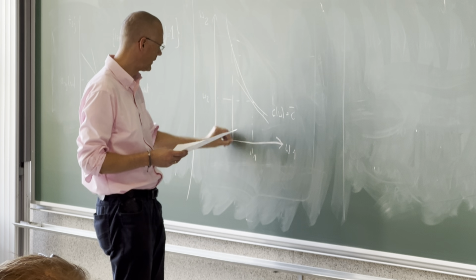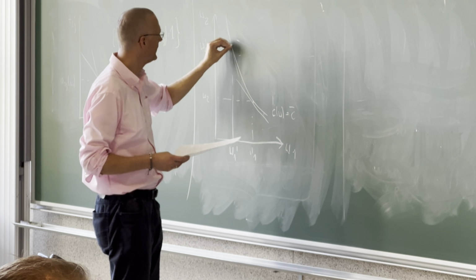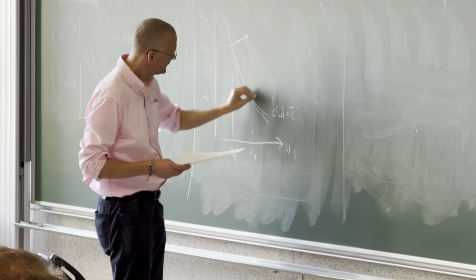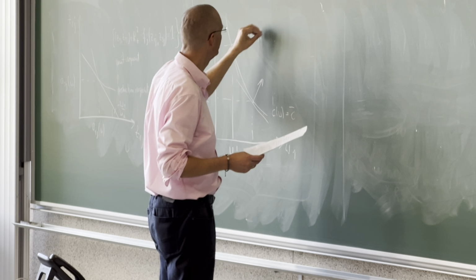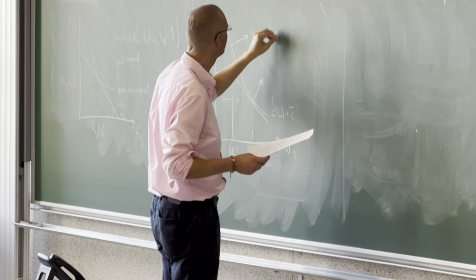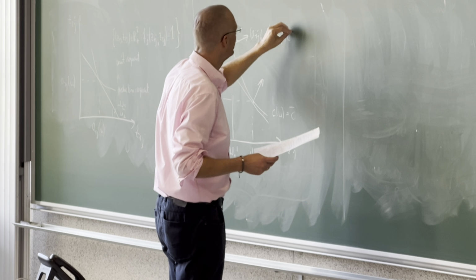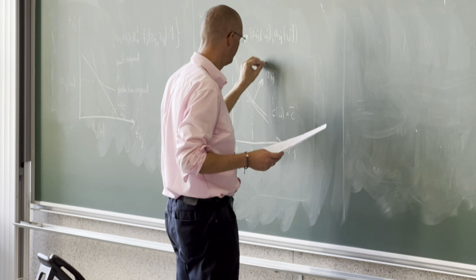If I change to W1 prime, W2 prime, then I get here the gradient, which is how much I use in production. Different production, W prime. Different combinations of input when the input prices change.